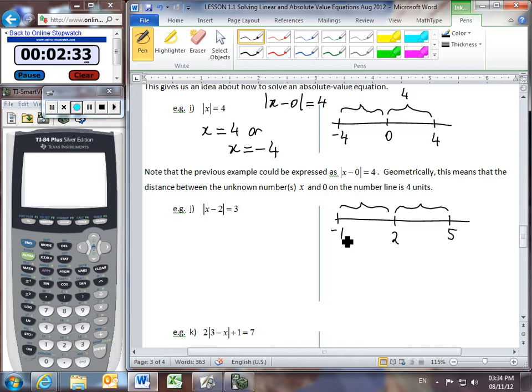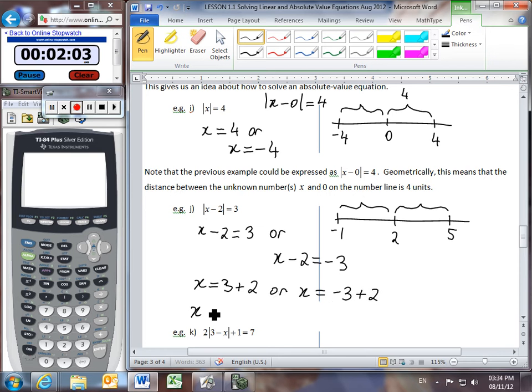If I wanted to solve it algebraically instead of geometrically, let's use the strategy we just learned up here, that when we take away an absolute value sign, we split into 2 cases. Either the right-hand side is positive, or the right-hand side is negative. And now I can solve each of these equations. x is equal to 3 plus 2, or x is equal to negative 3 plus 2.